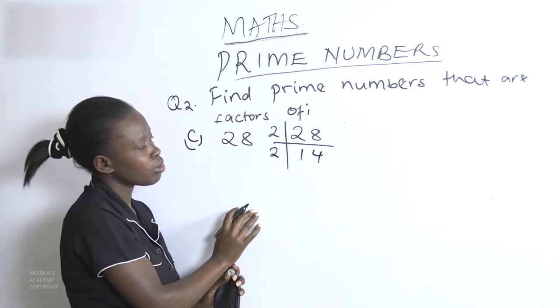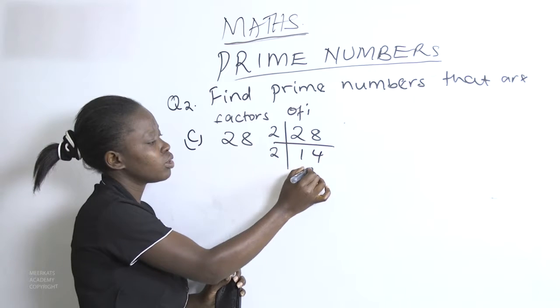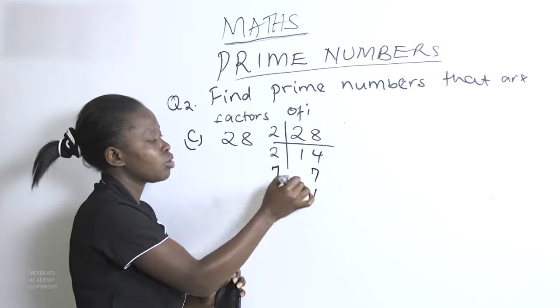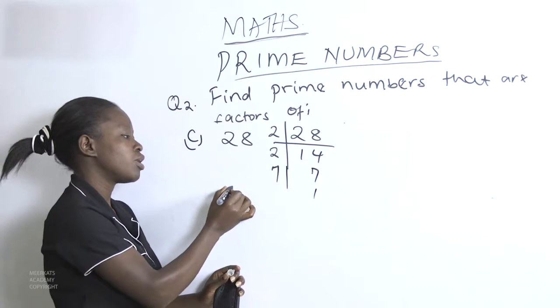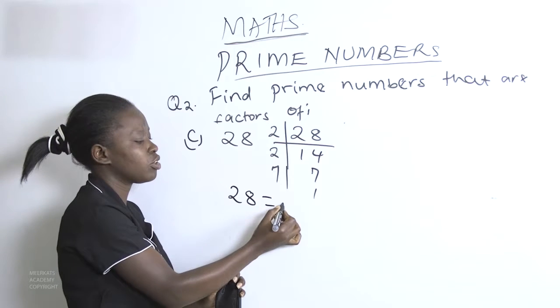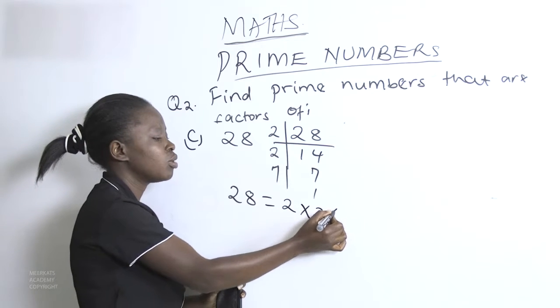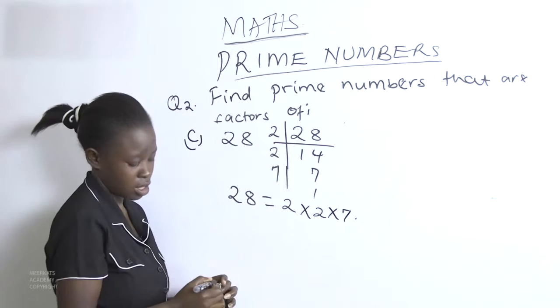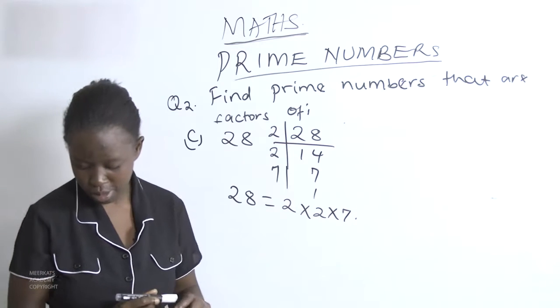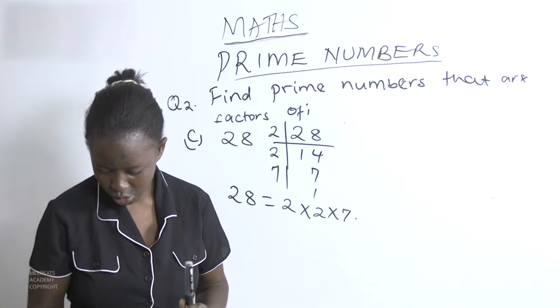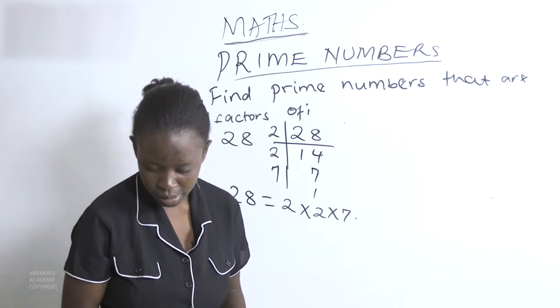Another prime number is still 2. 2 into 14, that is 7. Then 7 into 7, 1. So the prime numbers making up 28 are 2 times 2 times 7.